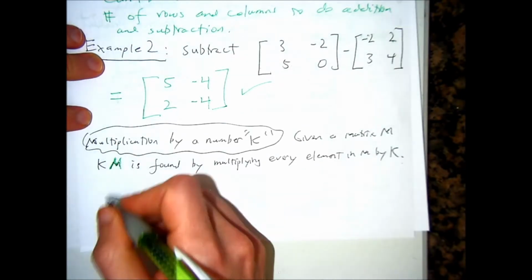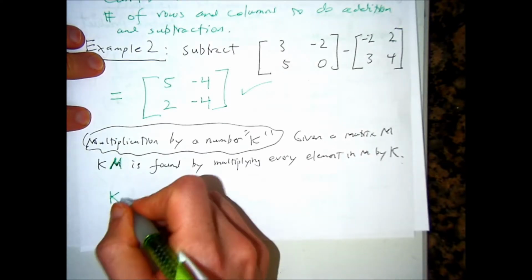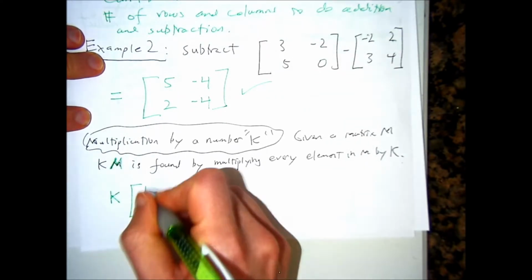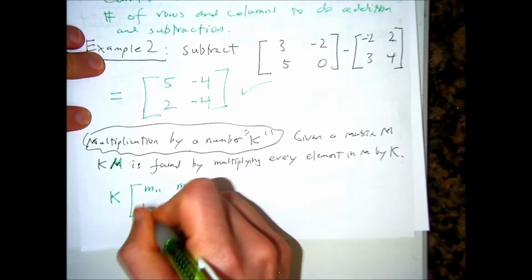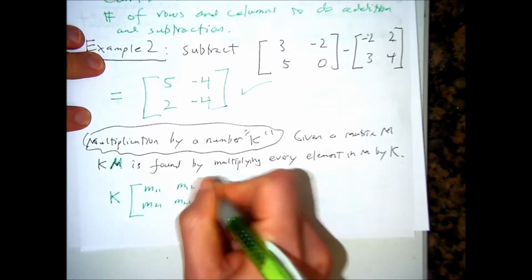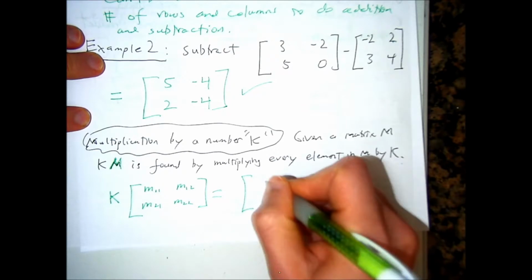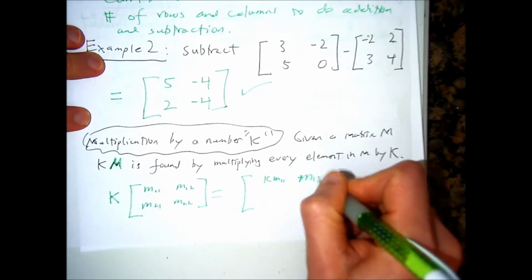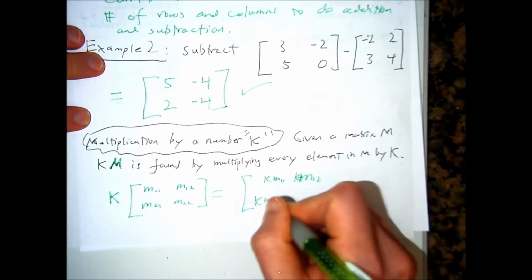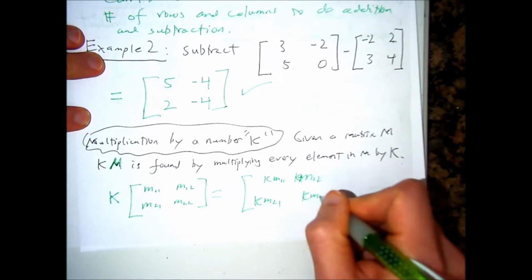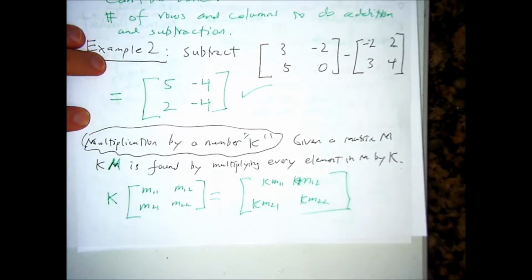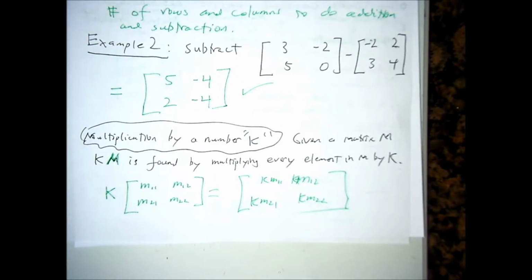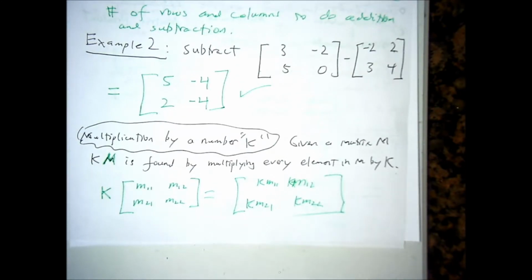So if I'm given k times, let's say a 2 by 2, M11, M12, M21, M22, then this would become kM11, kM12, kM21, kM22. So again, it should be intuitive. If you don't get it, ask me in class.